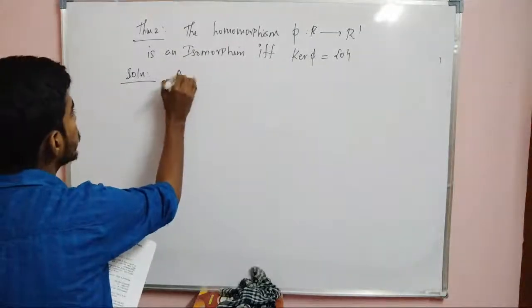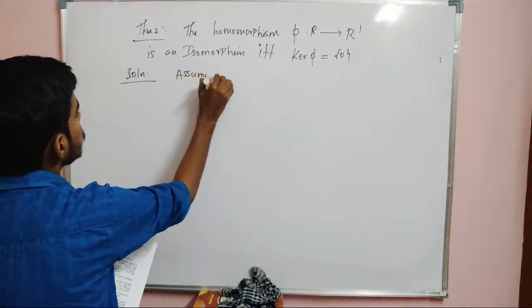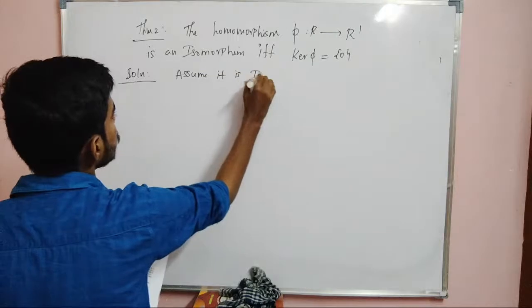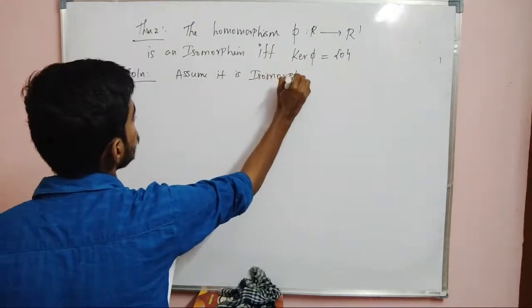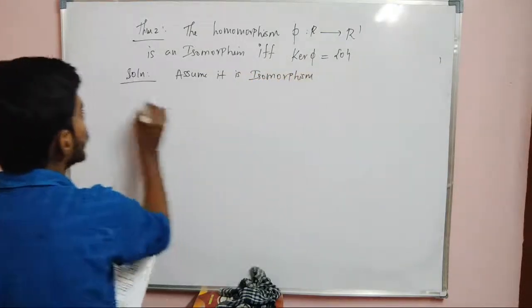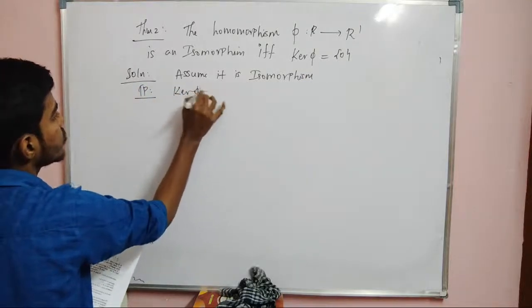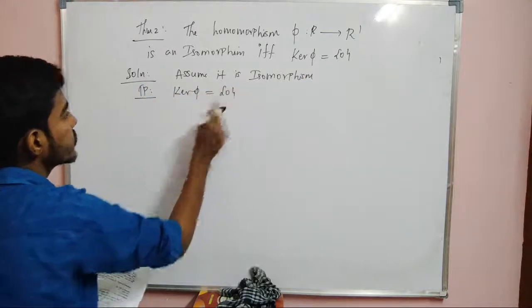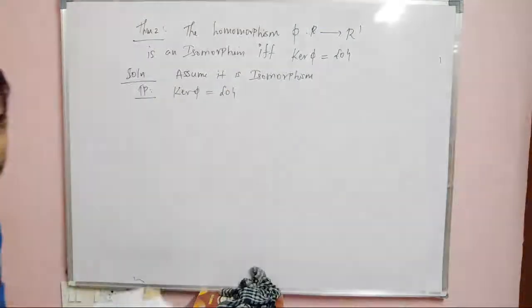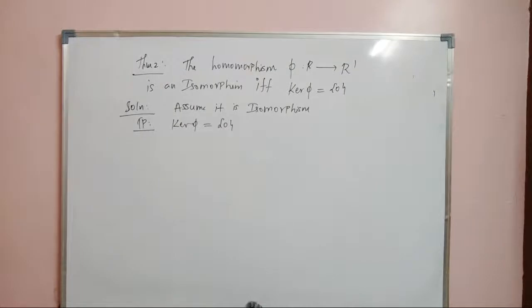Assume it is an isomorphism. So what do we need to prove? We need to prove that the kernel of that map contains only the 0 element. Phi is the map that we are defining. That is all we need to prove.